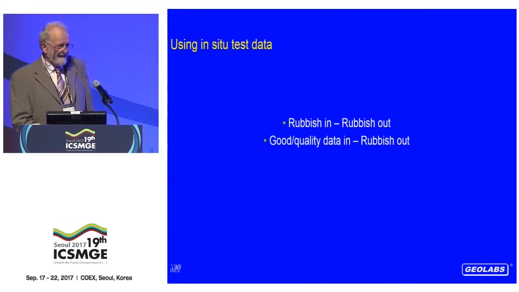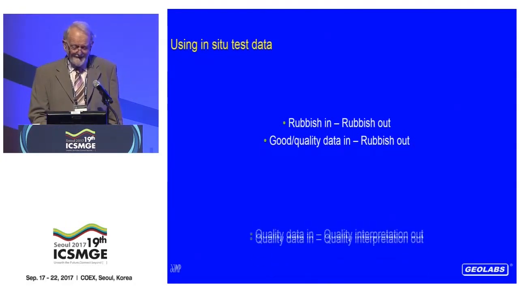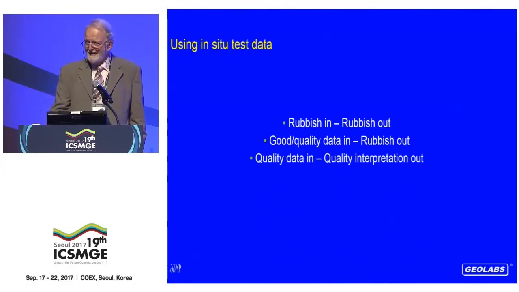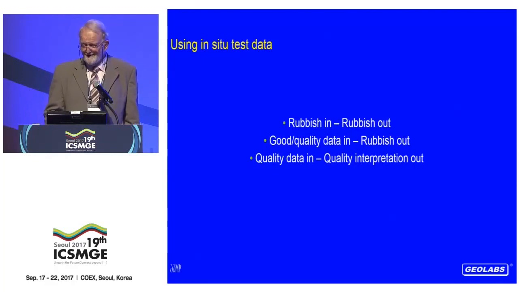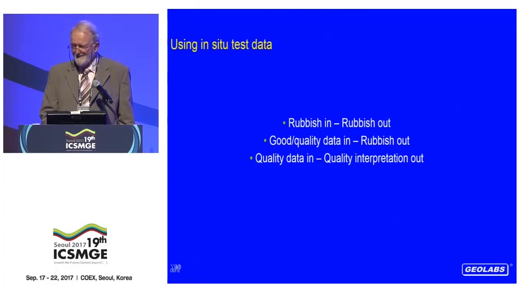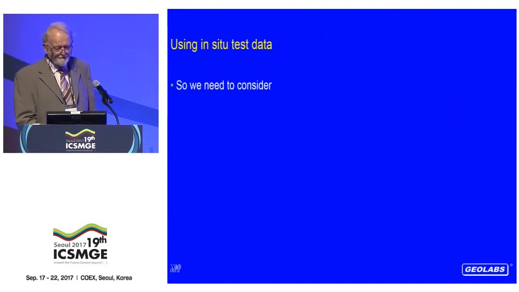But if we have good test results from our in situ tests, we can still get rubbish out if we're using inappropriate correlations. And what we're trying to achieve is quality data in from our in situ tests and quality interpretation out, so we have confidence in the geotechnical parameters that we are gathering.